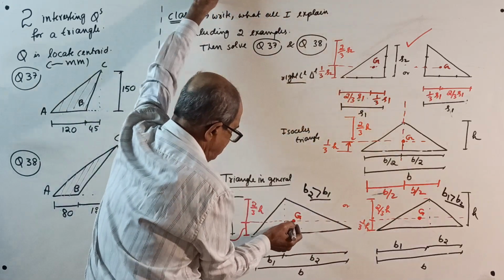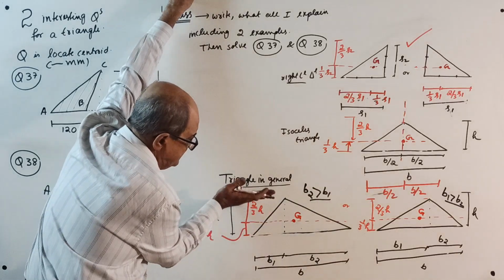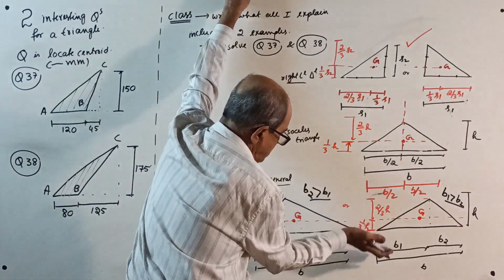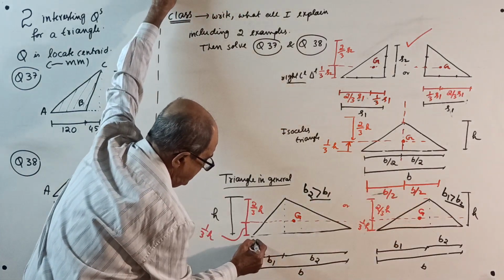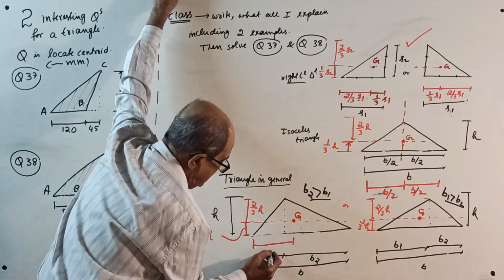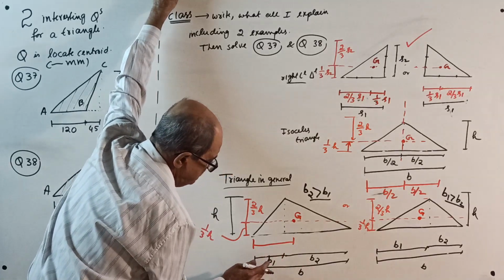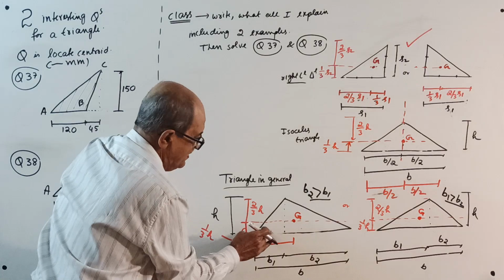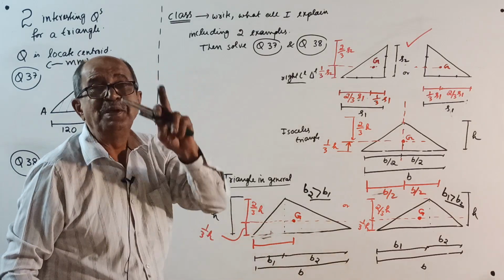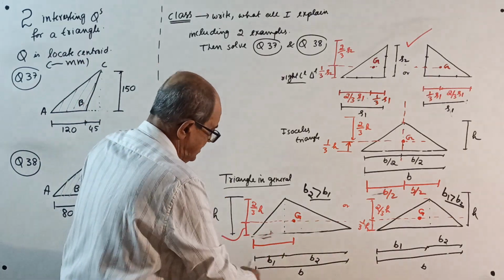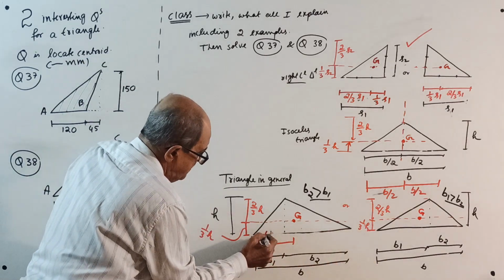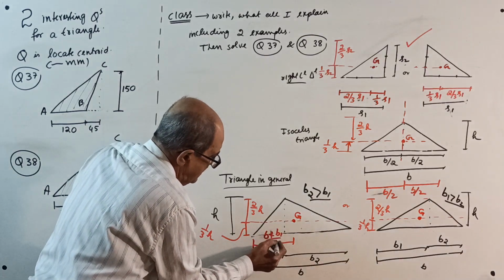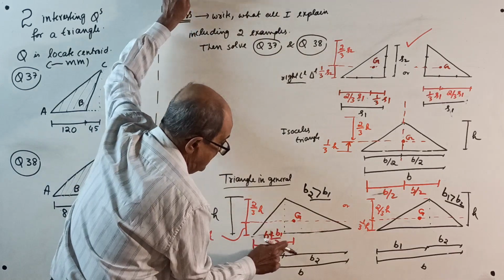Now for centroid G, this distance along the height is already done, 1/3, 2/3. This way, from here to here is the length, sorry, not length, I am saying length because I am using it for beam problems. This formula is the full base B plus the cut base B1, divided by 3.